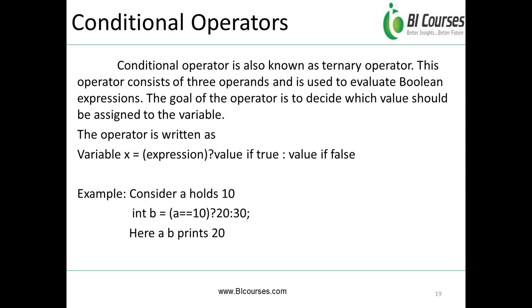If it is true, then after the question mark we have 20, so 20 will be assigned to b. Suppose a is 5, and integer b equals a double equals 5 question mark 20 colon 30, then b will be 30. I'll write it in a sample program and see how the results come.